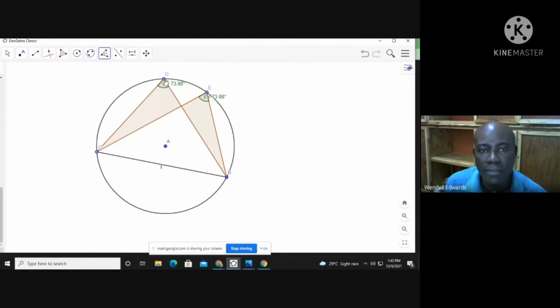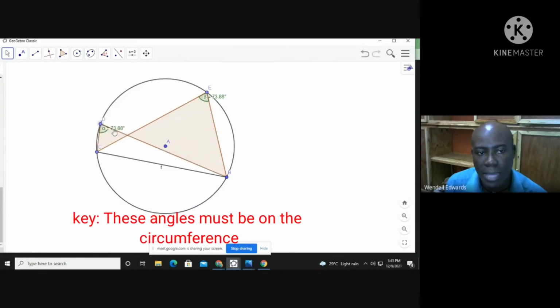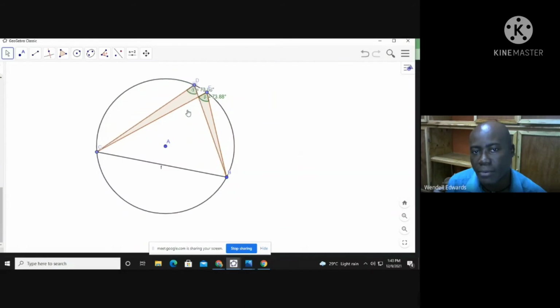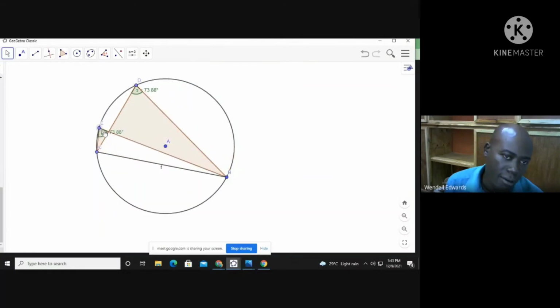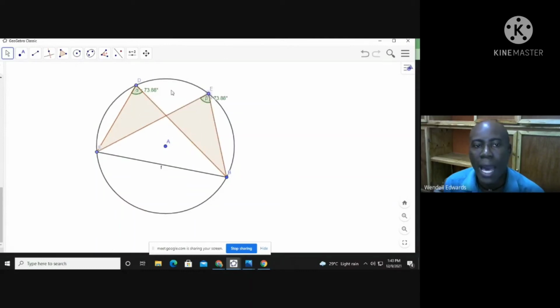So even if I pull this, you could see that it doesn't matter how far I pull it, it remains 73.88. And this one here, it doesn't matter where I put it, as long as I'm in that segment that starts from B going around all the way to C. 73.88 coming around. So as many as we could find, it's going to be the same.